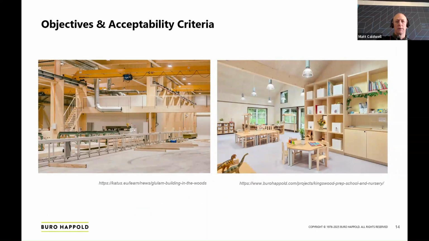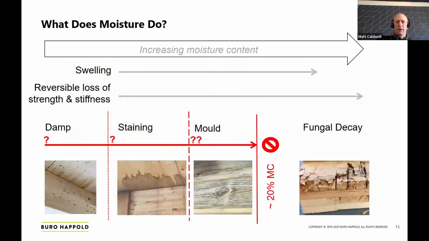Then the controls need to be tighter. So you need to define that at the start so you know what you're aiming at. Effectively, on the continuum of effects that we talked about earlier, where are you going to draw the line? Where is it acceptable to get to?